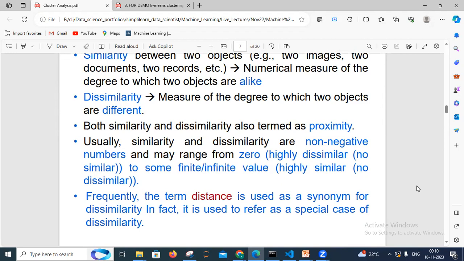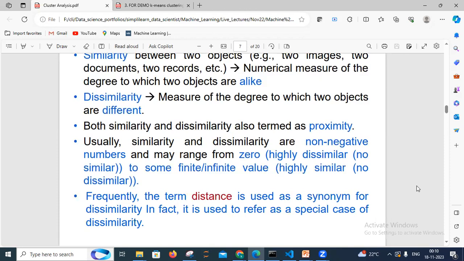So these are the conditions that we have to establish in the problem statement when we are going to create the clustering problem.